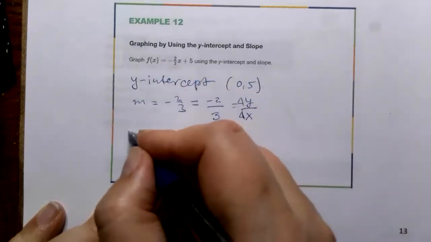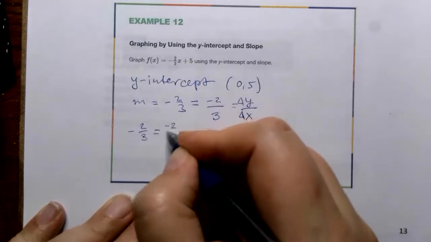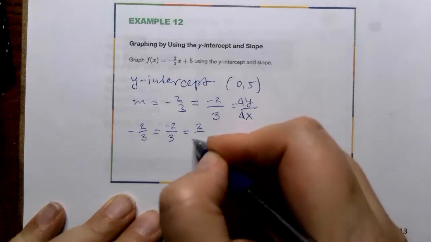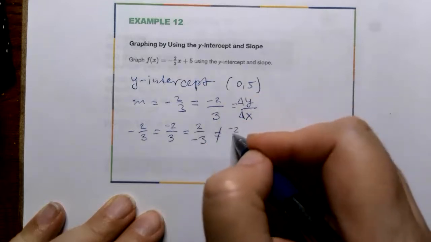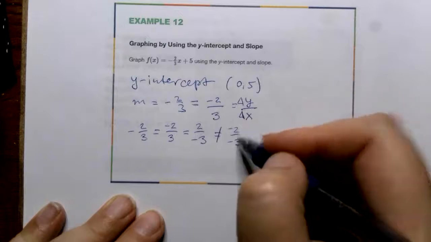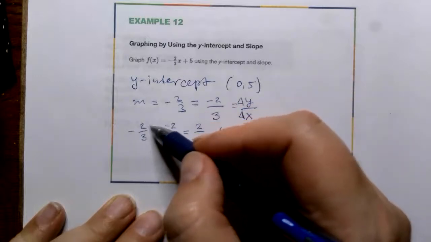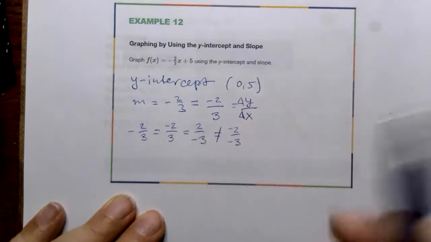So I just want to make sure -2/3 equals -2/+3 or +2/-3, but not -2/-3, right? So this negative reverses either direction, up or down or left to right, but not both.